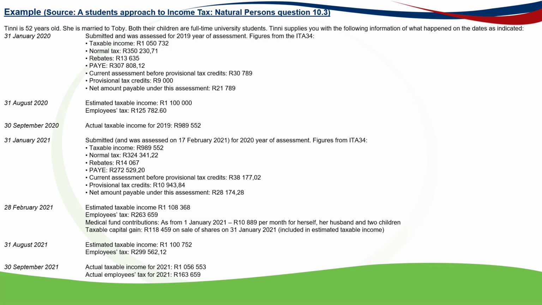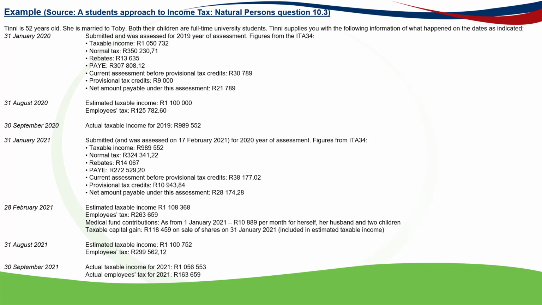On the 31st of January, she also submitted and was assessed on the 17th of February 2021 for the 2020 year of assessment. And below are all the figures that were included in that assessment. On the 28th of February 2021, she had estimated taxable income of 1,108,368.